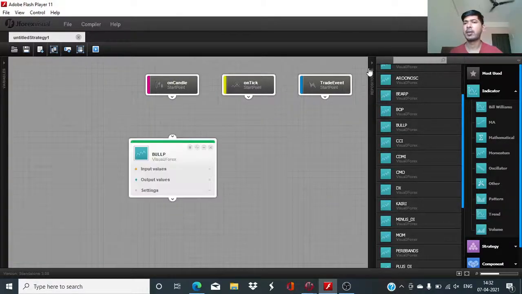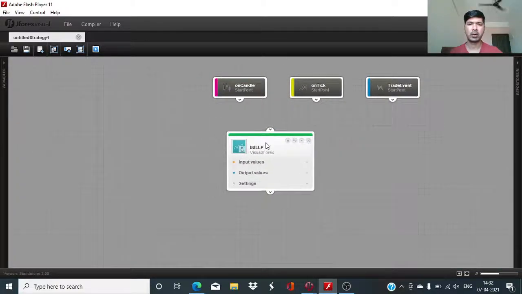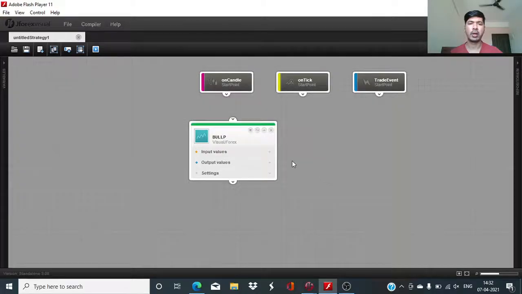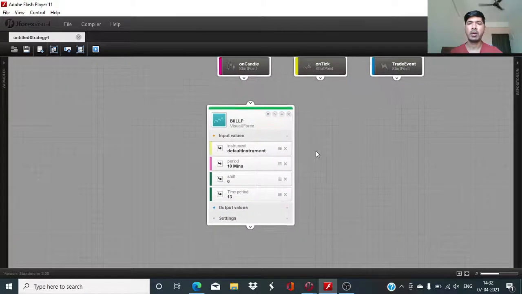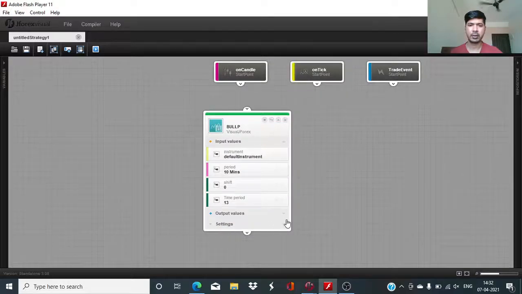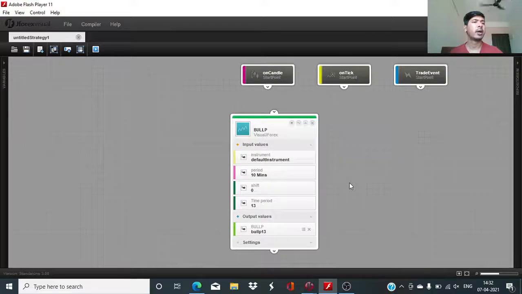So I will be familiarizing you with how you can go ahead and build your own algorithm using this indicator, Bull Power. So this is the indicator block. In an earlier series, I had also done an introductory session on this indicator.